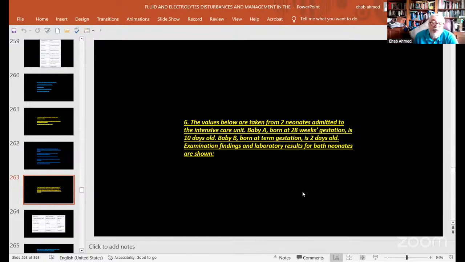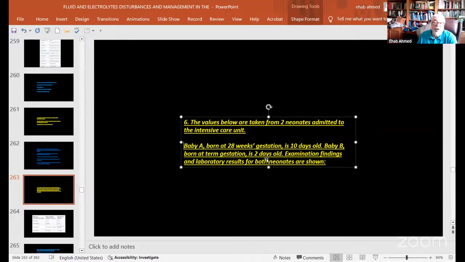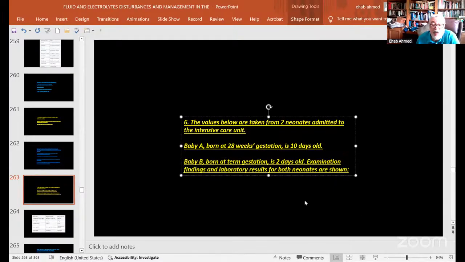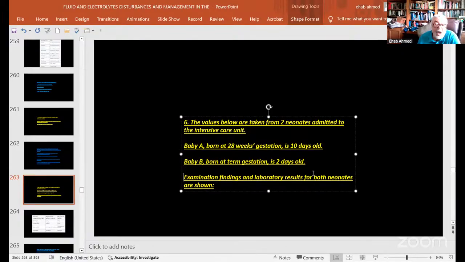Number 6, the values below are taken from 2 neonates admitted to the NICU. Baby A and baby B. Baby A is born at 28 weeks, 10 days old. Baby B is a term baby, now 2 days old. Examination findings and laboratory results for both neonates are shown.